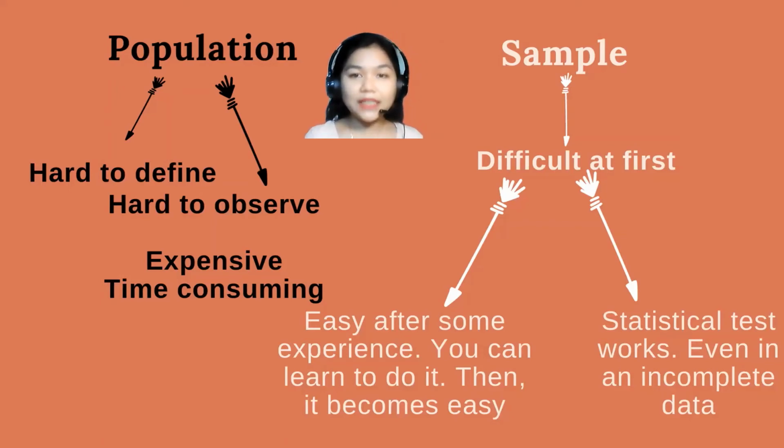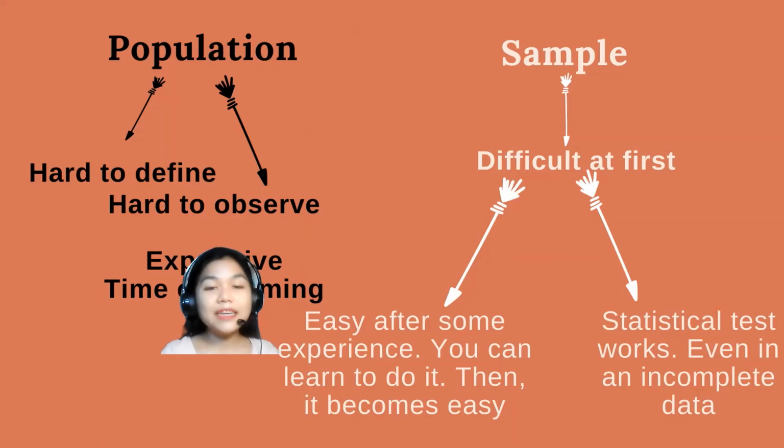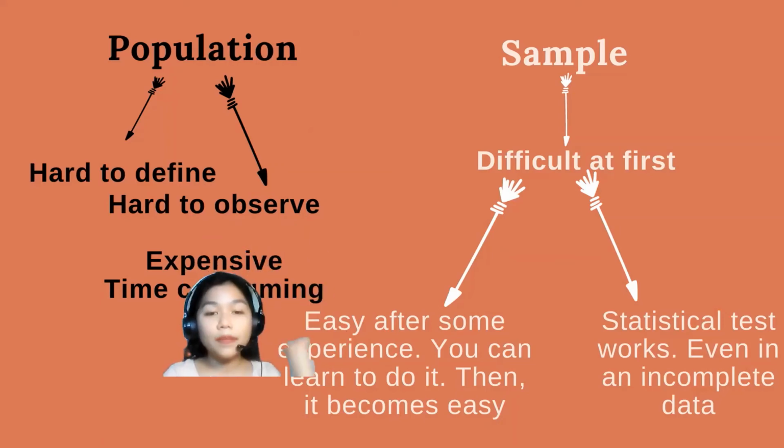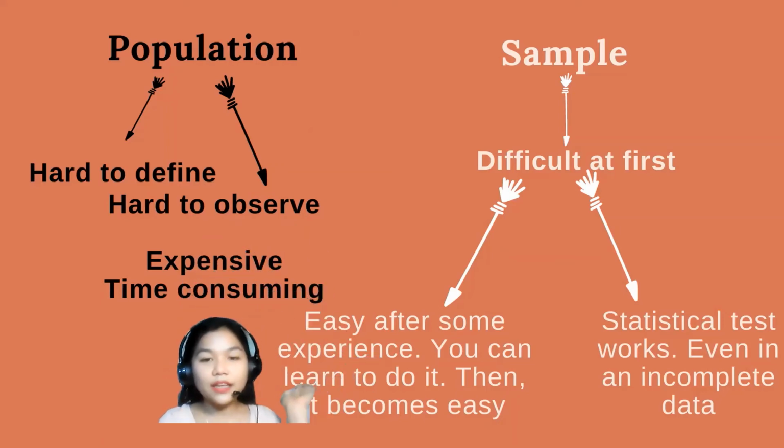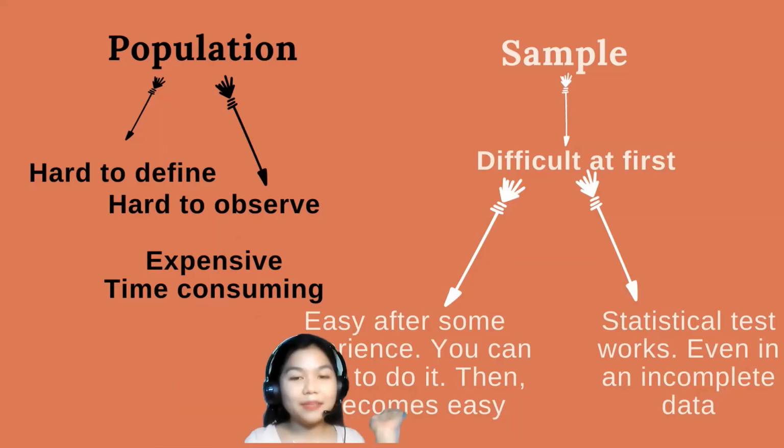For the sample, it's difficult at first kasi nga sample. So, we need to use a sampling technique. Random ba? Non-random? What's the probability of being part of the sample? That's why it's difficult. But then again, it becomes easy after some experience. You can learn to do it, then it becomes easy.